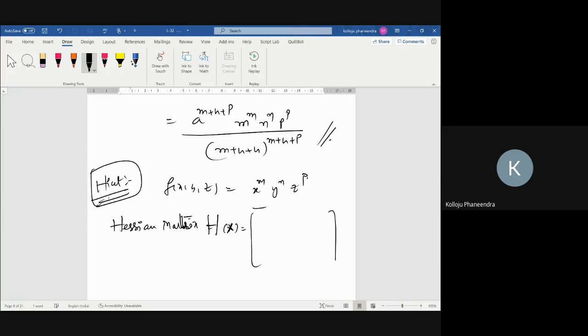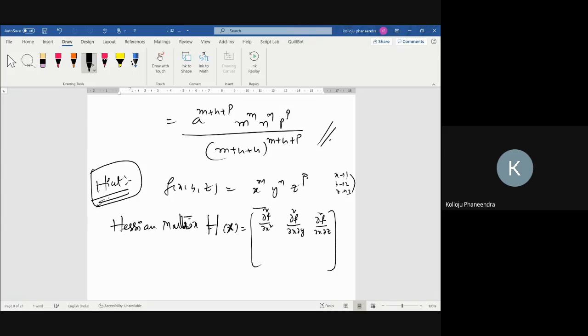It is the second order partial derivative matrix, dou square f by dou x square. x stands for 1, y stands for 2, z stands for 3. This is the 1 1 position, partial derivative with respect to x 2 times. This is the 1 2 position, so you write dou square f by dou x dou y. Next is the 1 3 position, dou x dou z.